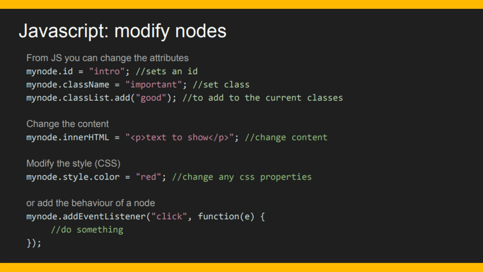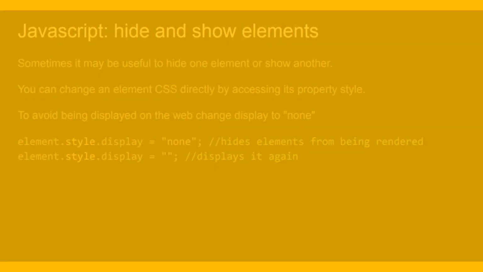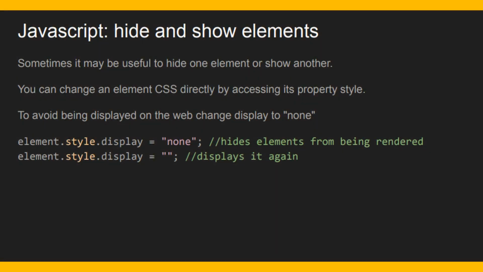As we said, JS can also be used to give styles. Let's see here the hide and show display property. Sometimes it may be useful to hide one element or show another. Have you ever seen on a website something like show more, hide? This is JavaScript. So you can change an element's CSS directly by accessing its style property.